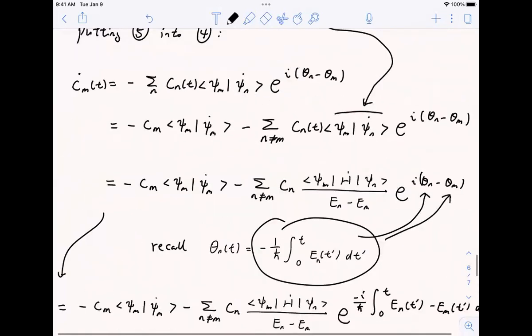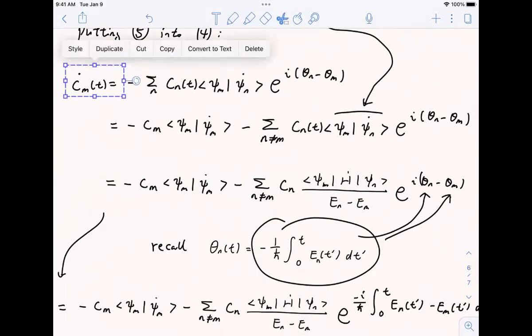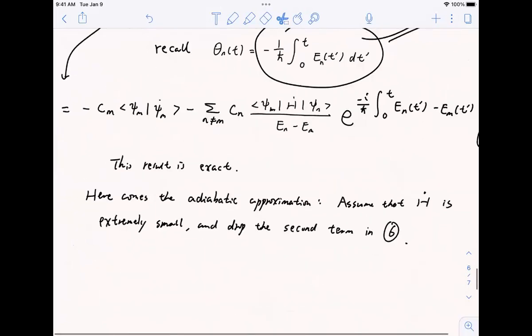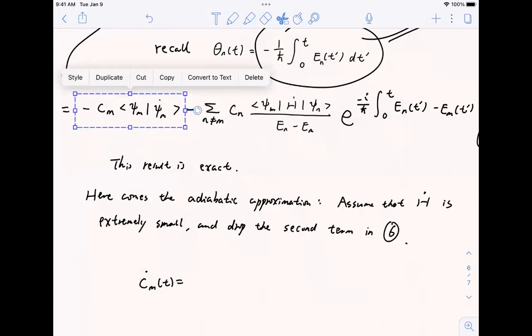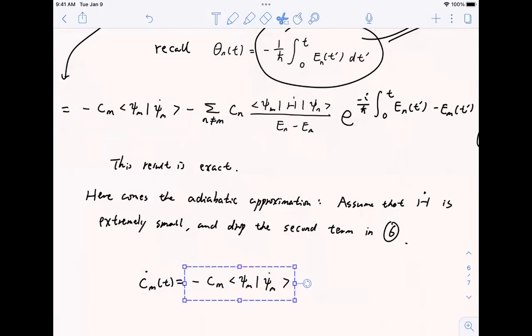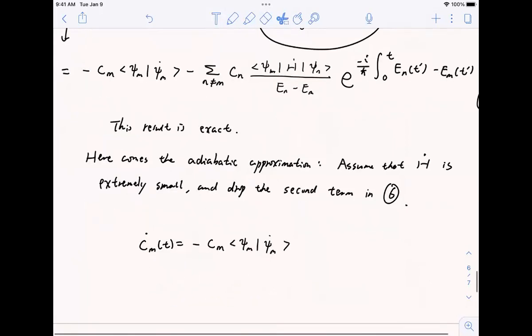So the adiabatic approximation basically reduces the Schrodinger equation into a simple form. So 6 is approximated, or reduced, as this.